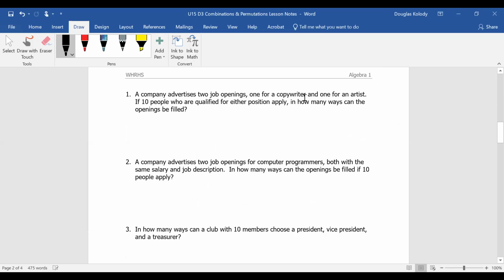A company advertises 2 job openings, one for a copywriter and one for an artist. So those are 2 completely different job descriptions. If 10 people were qualified for either position and apply, in how many ways can these positions be filled? All right. So it says 10 people who are qualified for either position.